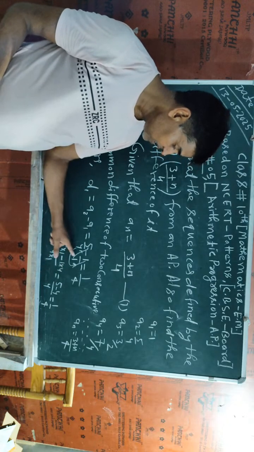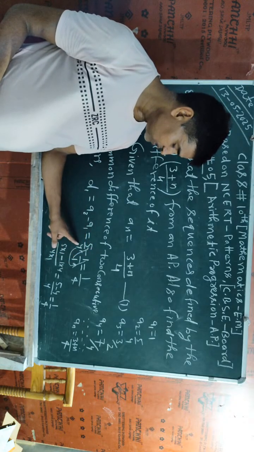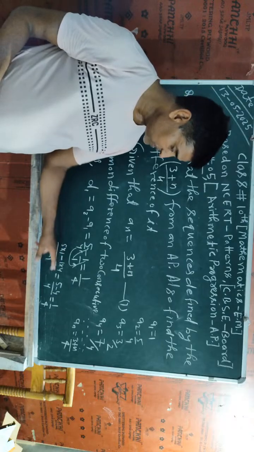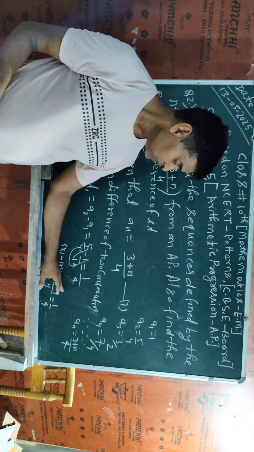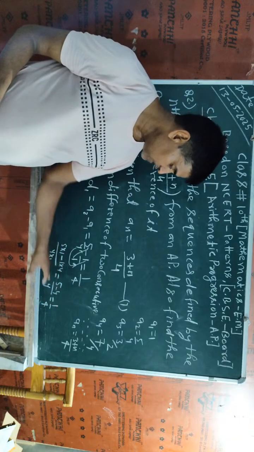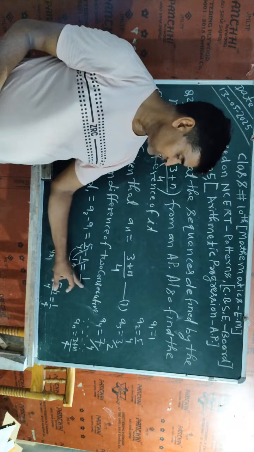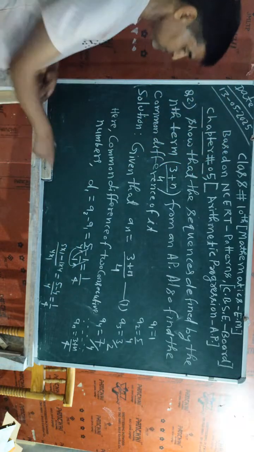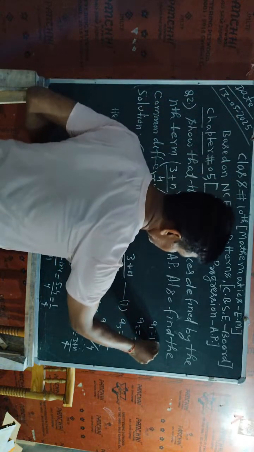Here 1 is multiplied with this one, and this one is multiplied with this denominator, and after multiplication I will simplify. After simplifying I get the numerator 1 and the denominator 4, so 1 by 4 is written. Okay student, this is the common difference of these two consecutive terms I have calculated.